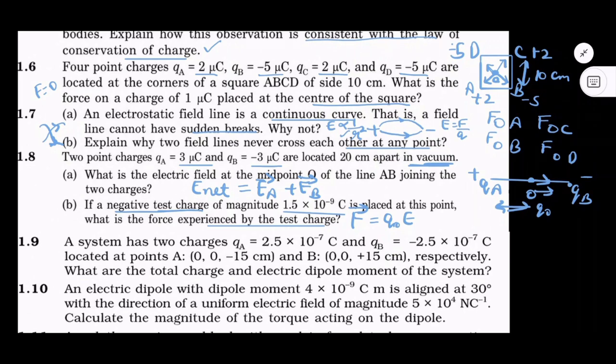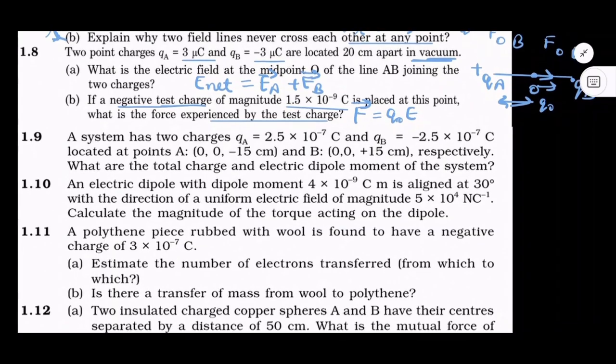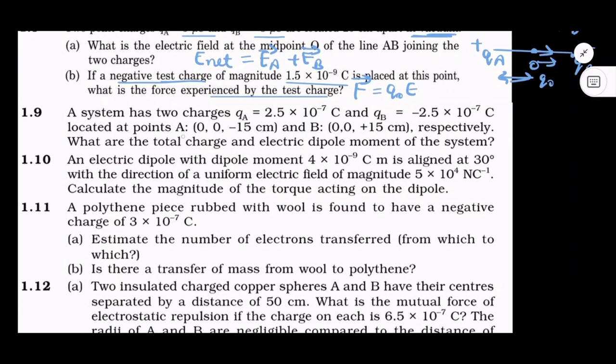Now let's move to the next question, which says that a system has two charges QA and QB. The charges are equal in magnitude but opposite in sign, and are located at these points respectively. What are the total charge and the electric dipole moment of the system?